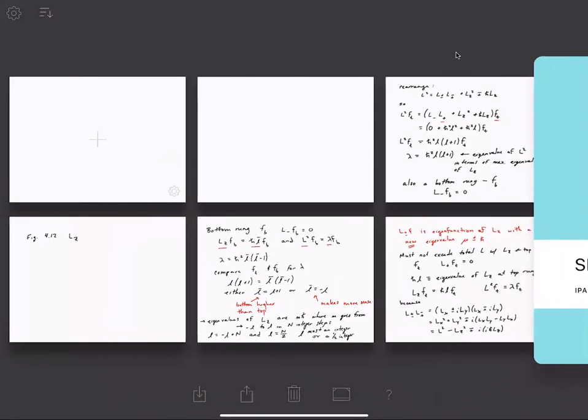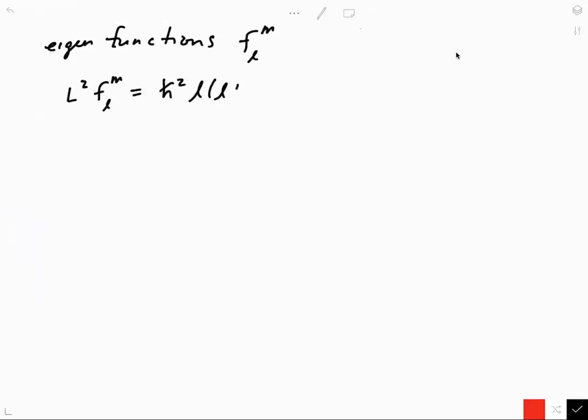Okay, so that bottom rung leads us to our eigenfunctions being characterized by L and m. That just means that we want to denote which function we're talking about in relation to L and m. In particular, if we have our angular momentum squared acting on an eigenfunction that depends on L and m, it's going to return an eigenvalue that looks like h bar squared L times L plus 1.